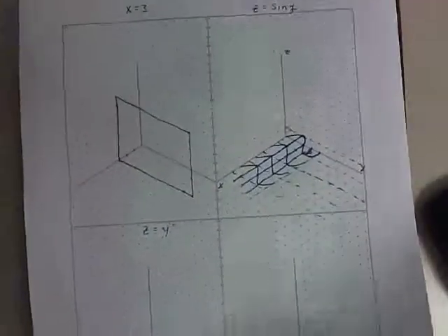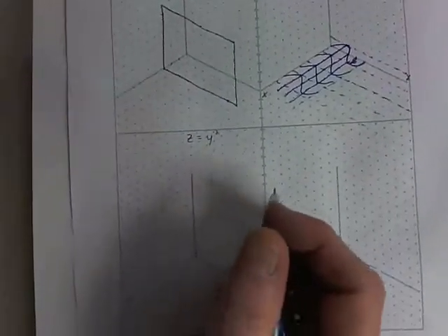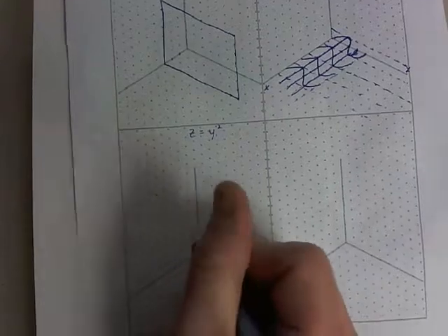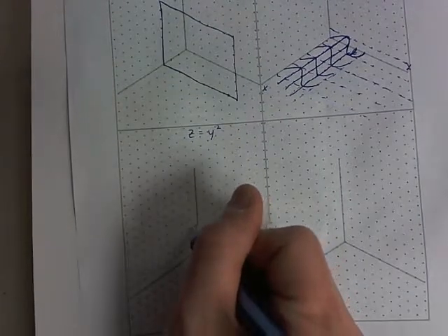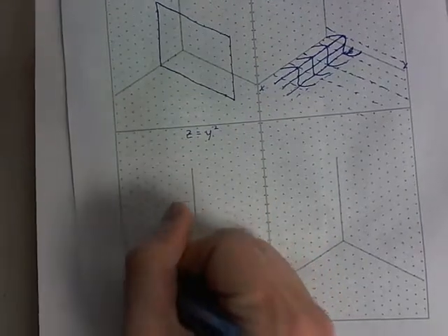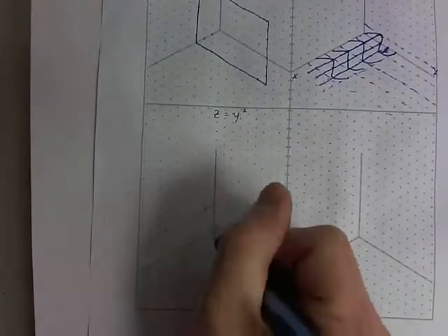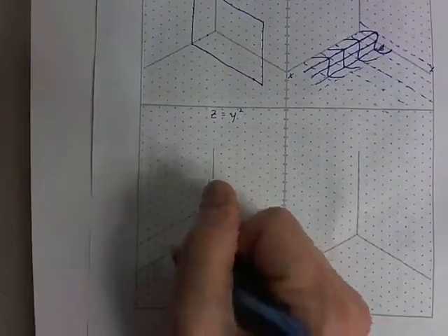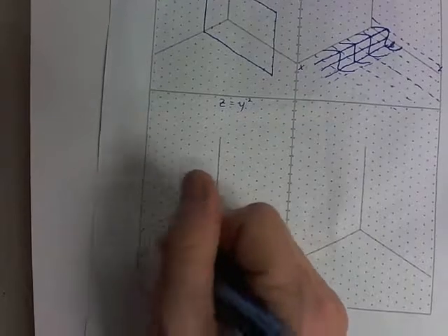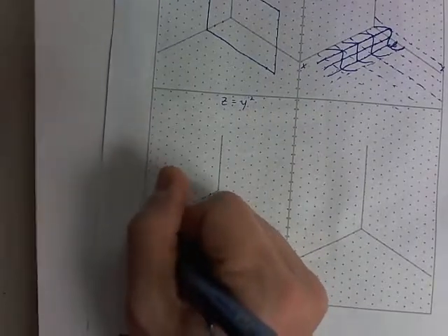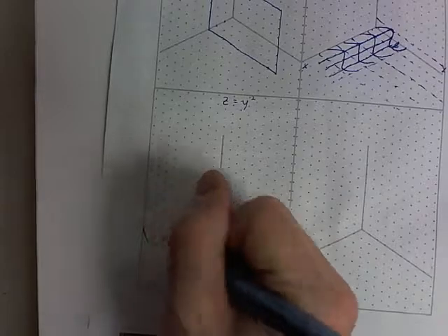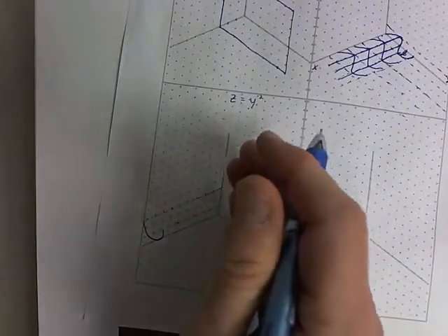So let's see if we can figure out what that might look like. Let me see if I can draw it here. I'm going to just draw a couple of lines here. First of all, what we're going to get is a bunch of parabolas.